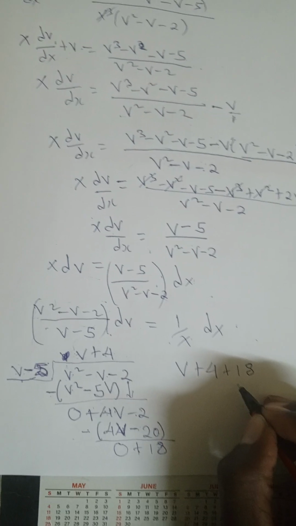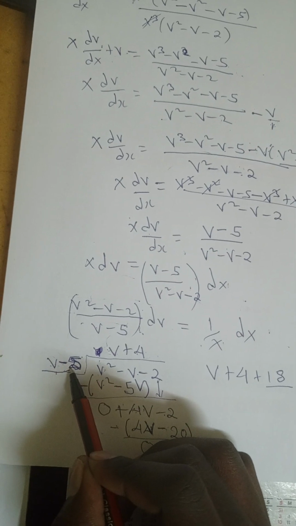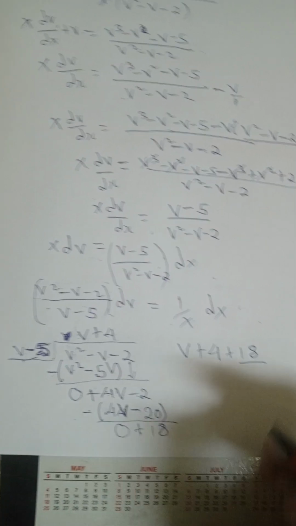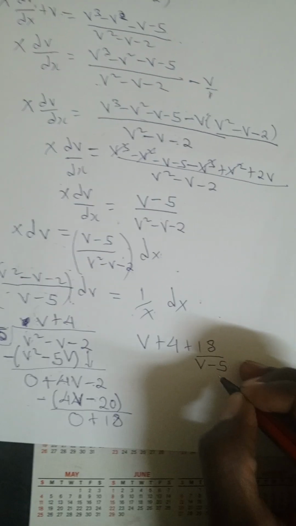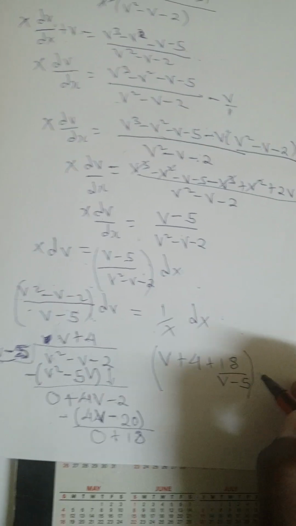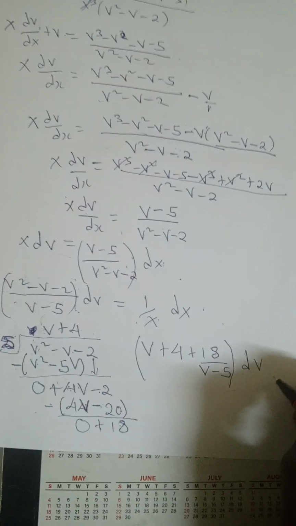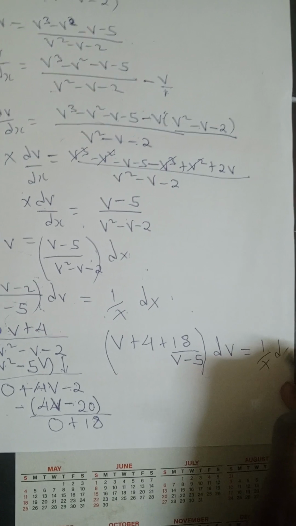Now our remainder will be over our divisor, because this is still dividing. So this will be 18 over v minus 5. Then this is dv equal to 1 over x dx.